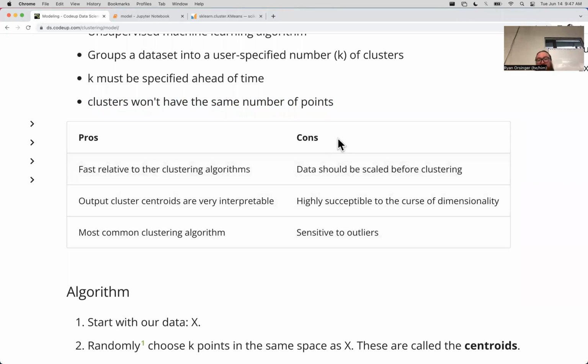Some things that we need to keep in mind: our data should be scaled before we cluster, unless for some reason all of our variables are in the exact same units. So if you have 4 columns that are all in millimeters, you don't need to scale anything. But when we have one column in millimeters, another column in millions of dollars, another column in number of bathrooms, we have to get a sense of scale, specifically so we don't overweight or underweight certain features.